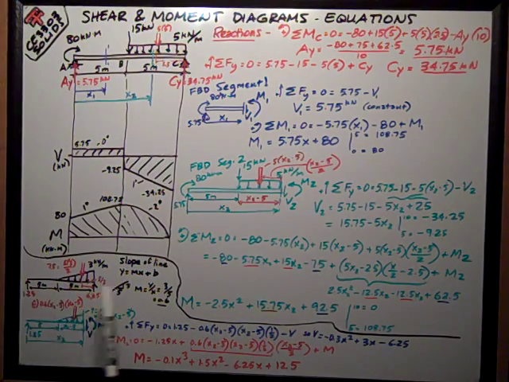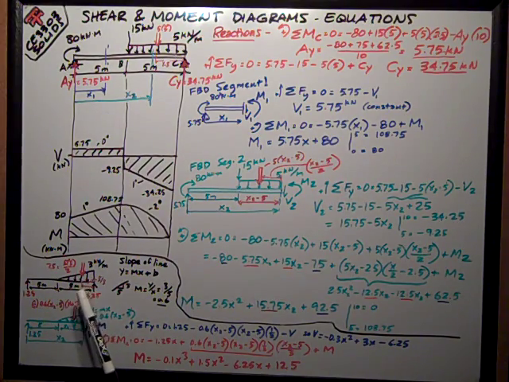So I've already solved for the reactions: 1.25 kilonewtons at this end, 6.25 kilonewtons at the right end. Remember that the resultant of this triangular shaped load is just the area, which is a triangle, 5 long at the base and 3 at the peak. 5 times 3 divided by 2, because it's a triangle, gives 7.5 kilonewtons as the resultant.